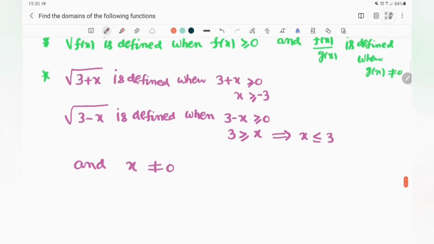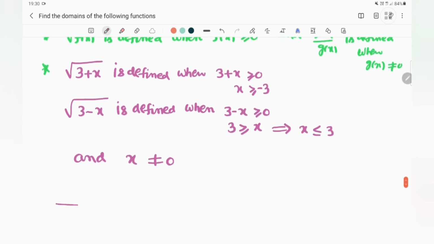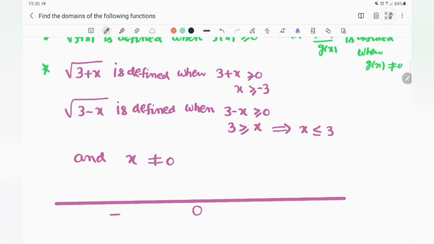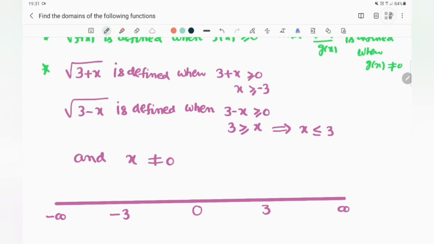So this complete information we will draw in the real number line. This is the real number line. 0, minus 3, plus 3, minus infinity, plus infinity. X is greater than or equal to minus 3.